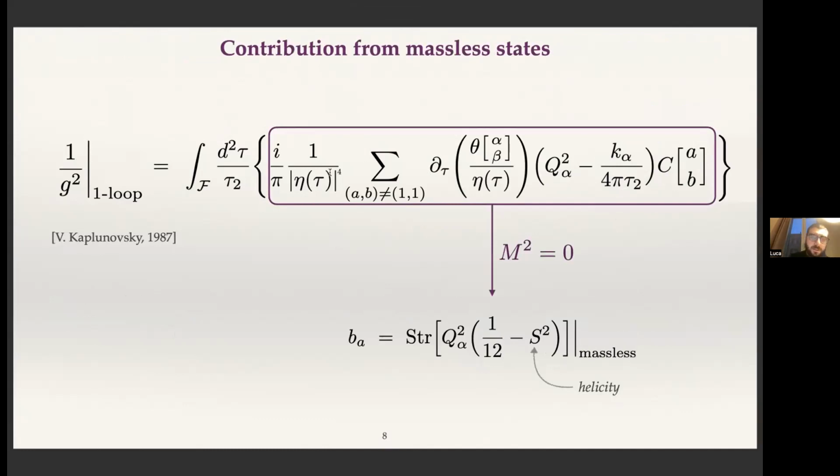If we compute this integrand for massless states, the massless states will give us some constant, which I call B_A. This constant is precisely a supertrace on massless states, which are weighting the states with the helicity and the Cartan charge, but it is precisely a constant.